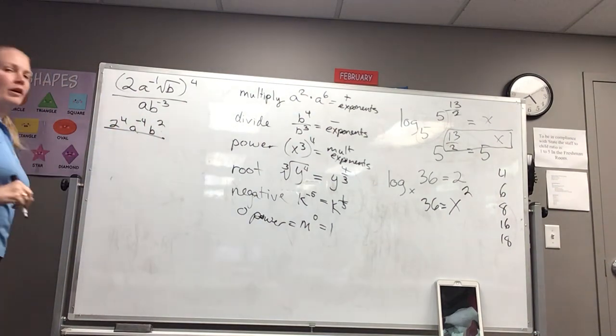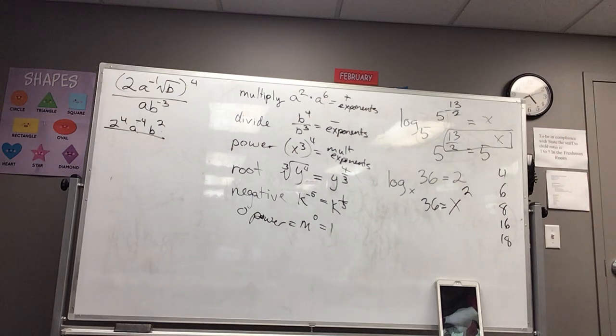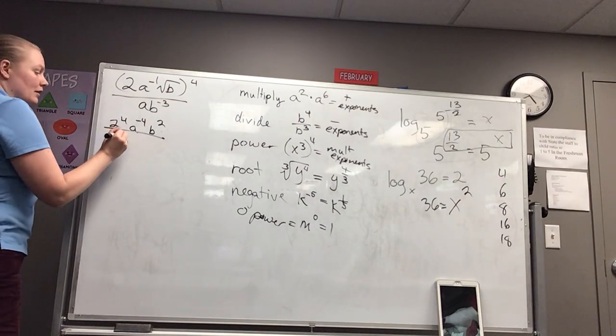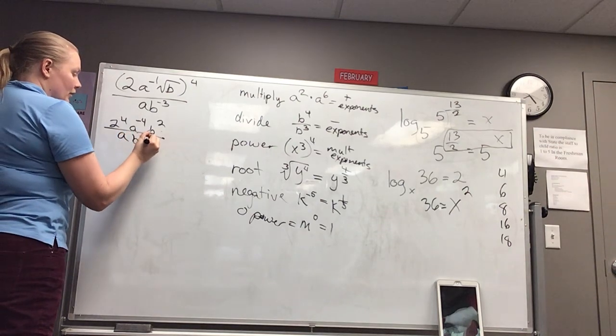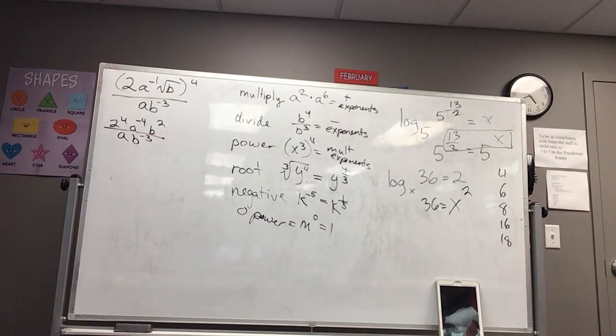If you need to write more intermediate steps as you solve it, that is absolutely okay. It's a balancing act between what your brain does and what you write down. So that does our first step.